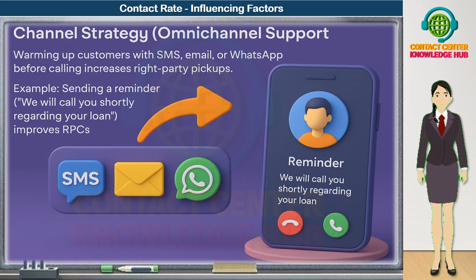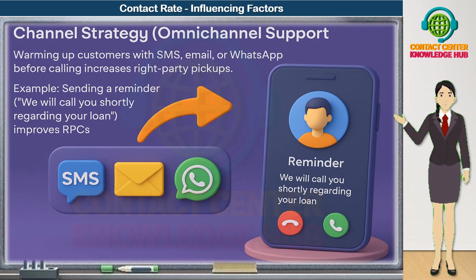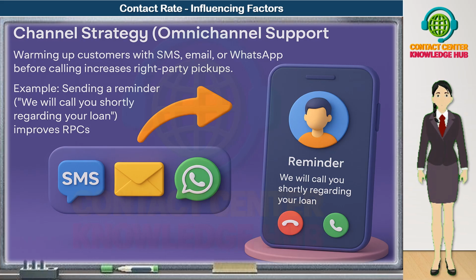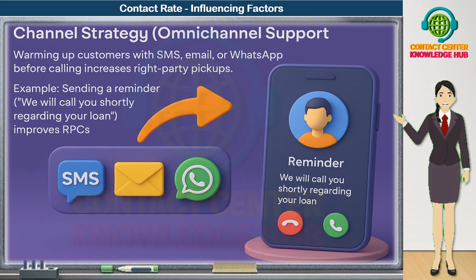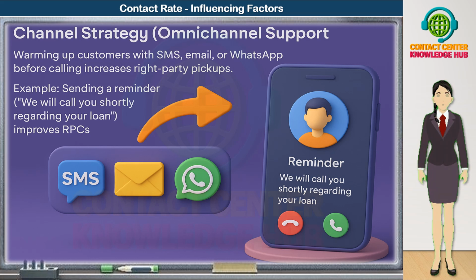For example, sending a short message like, "We will call you shortly regarding your loan or account update," helps the customer recognize who you are and why you're calling. This step reduces suspicion, builds familiarity, and boosts answer rates.